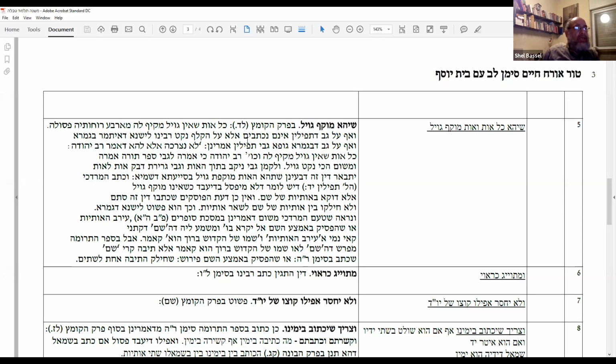Even though tefillin are only written on klaf and not on gvil. Nakat Rabbeinu lishma di'itmar b'Gemara. Rabbeinu, the Tur here, right, the author of the Tur, took the language that was said in Gemara.